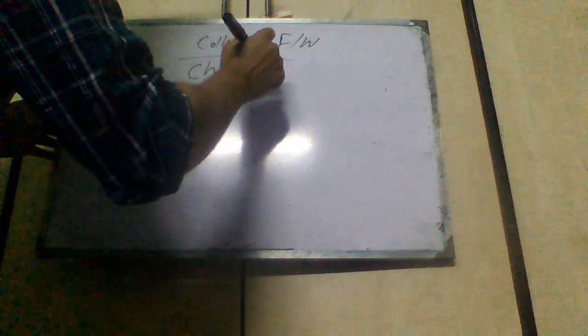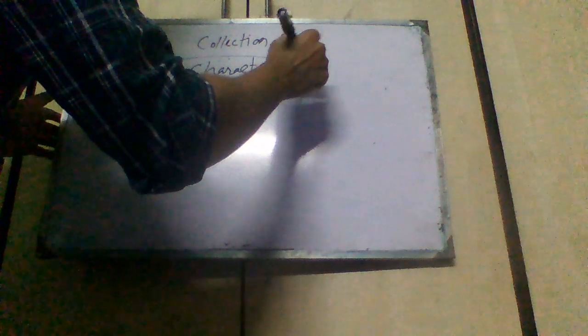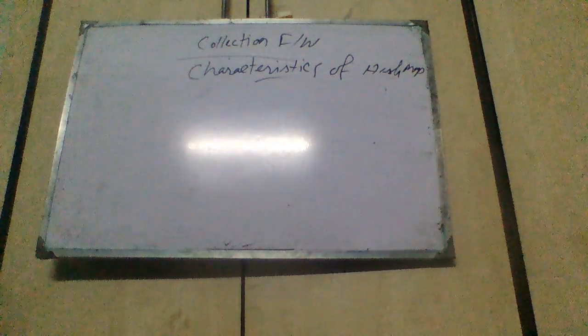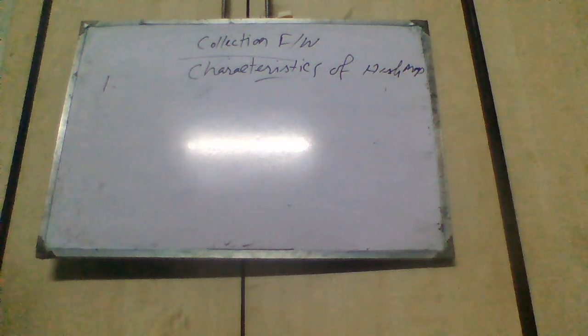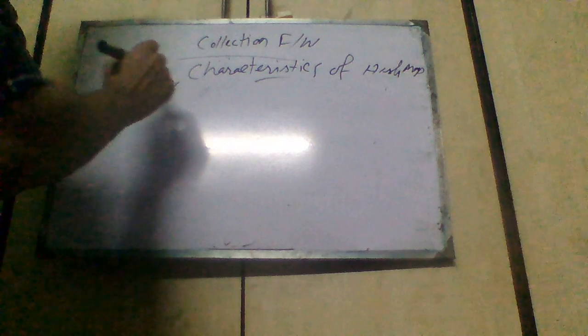Now we will learn about the characteristics of HashMap. Number one: it was published in Java API version 1.2.